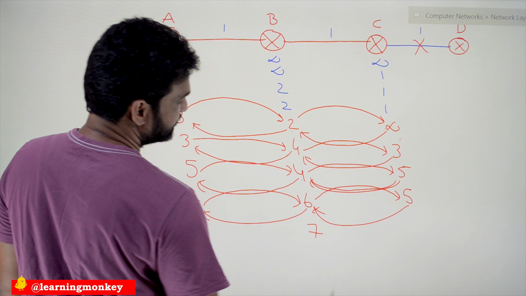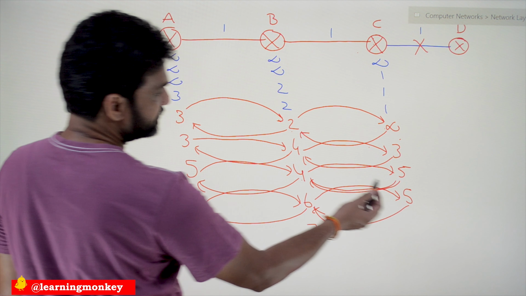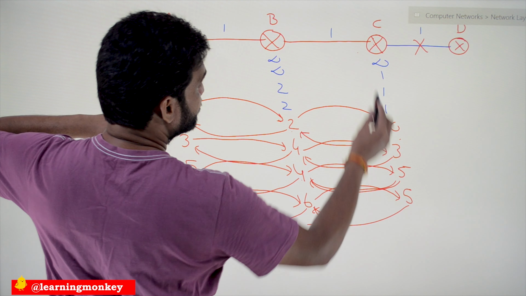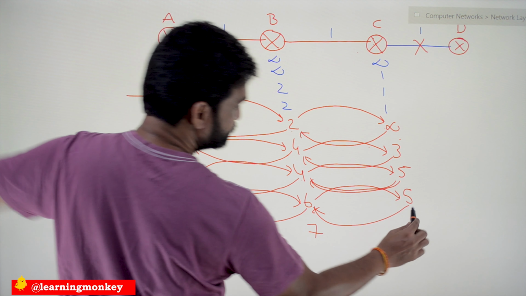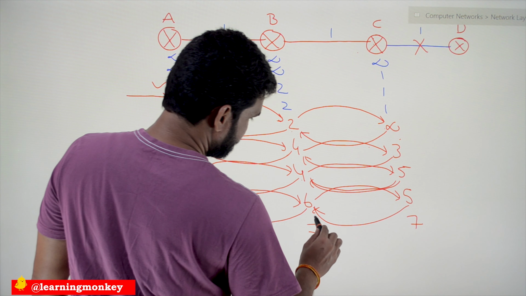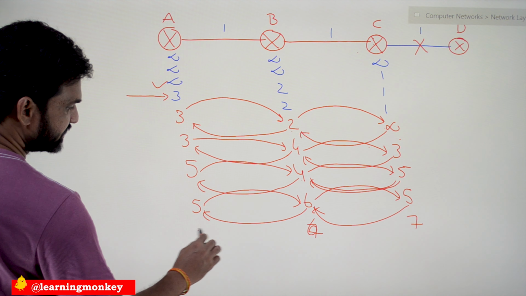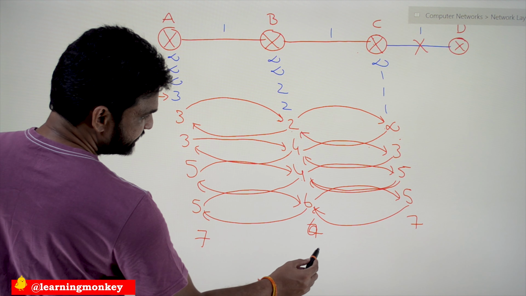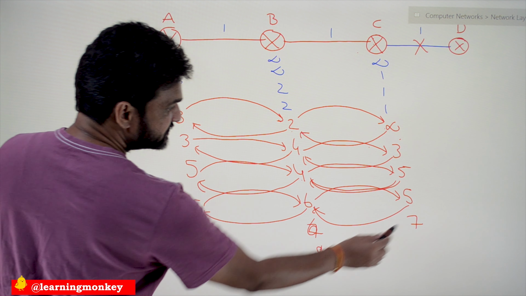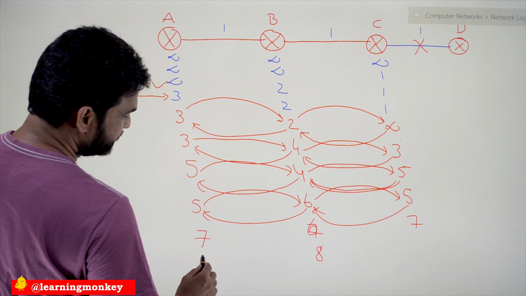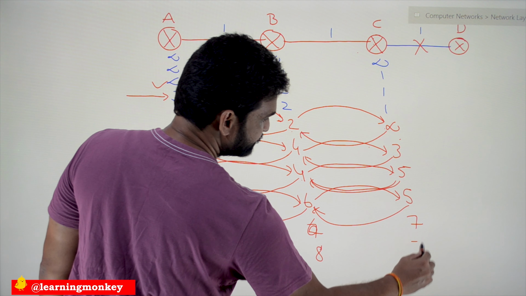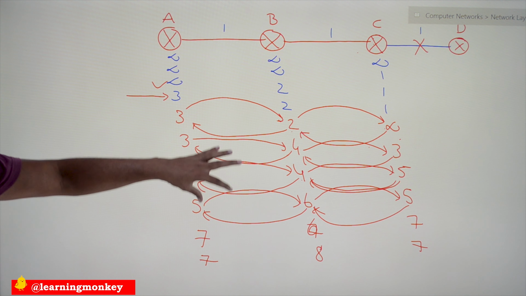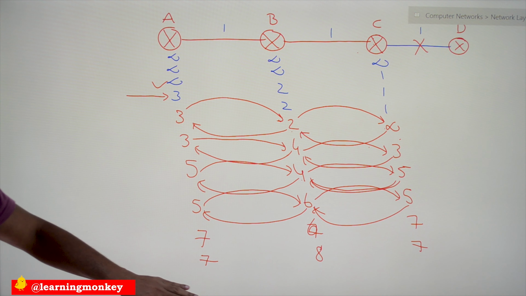So this 7 will get updated, and this 6 will remain the same. Again in the next count, this 7 plus 1 is 8, and these 7 and 7 will remain the same. So hope you got the point of how the incrementing is getting done.